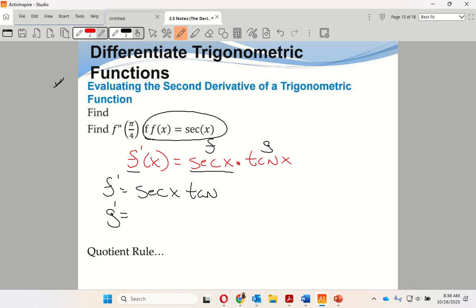Secant squared. Now we plug it into the product rule, so it's f prime g plus g prime f.